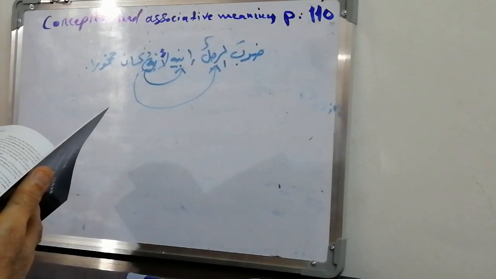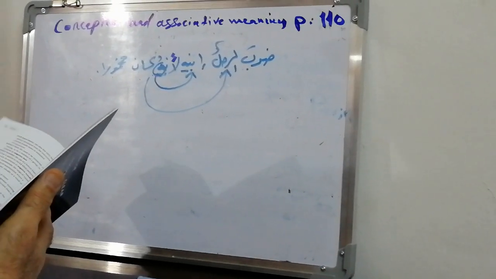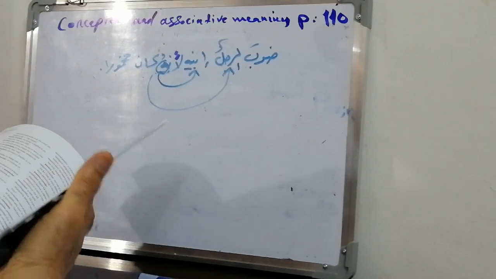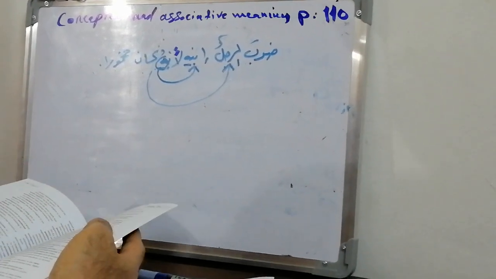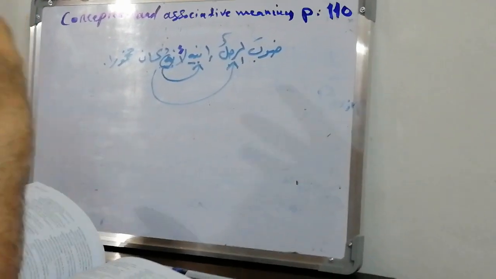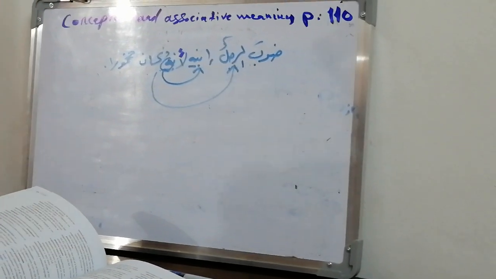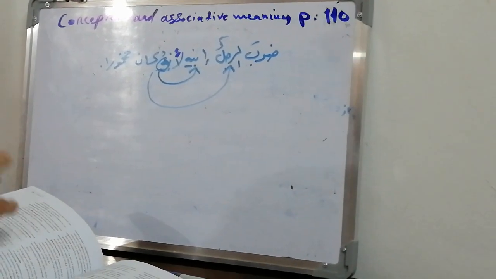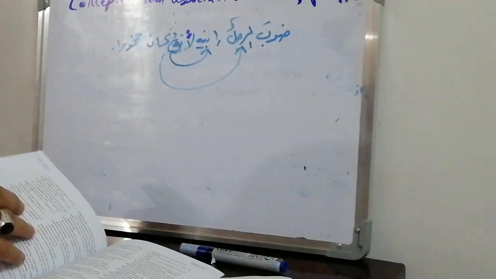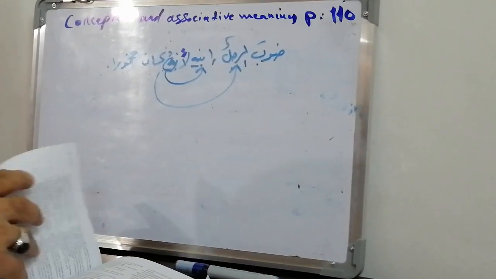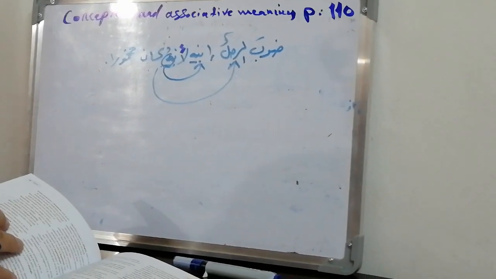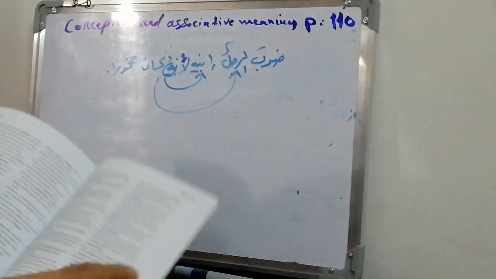The glossary gives you a definition of the topics which are discussed in the body of this book. Let us first of all start with the definition of conceptual meaning. What do we mean by conceptual meaning?